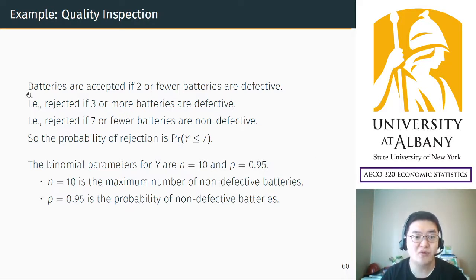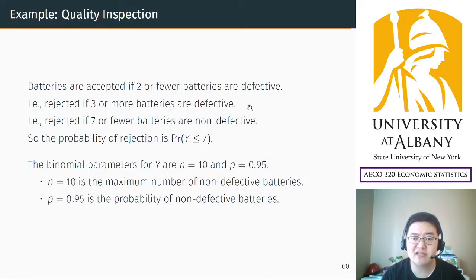First, batteries are accepted only if 2 or fewer batteries are defective. So this means your batteries will be rejected if 3 or more batteries are defective, right? These two are the same sentence, and that means your batteries are rejected if 7 or fewer batteries are non-defective.